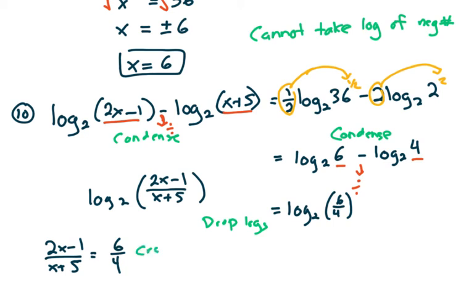Now to solve this, we would want to cross multiply. So I'm going to multiply 4 and 2x minus 1, which would give me 8x minus 4. And this is going to equal, when I multiply 6 times x plus 5, 6x plus 30.